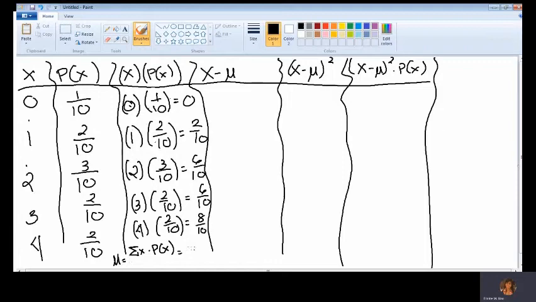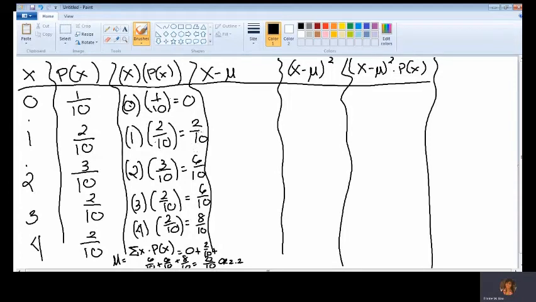Now we have this formula. We're going to add all of this. So 0 plus 2 over 10 plus 6 over 10 plus 6 over 10 plus 8 over 10. That will give us an answer of 22 over 10, or 2.2.